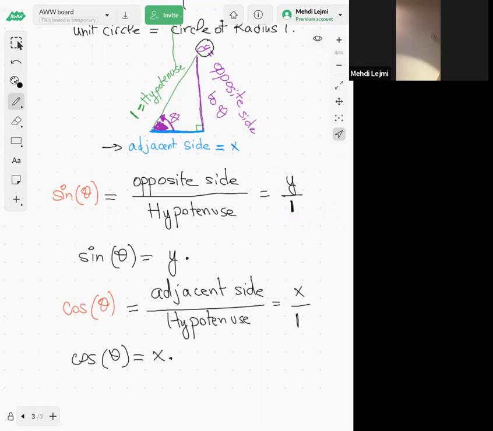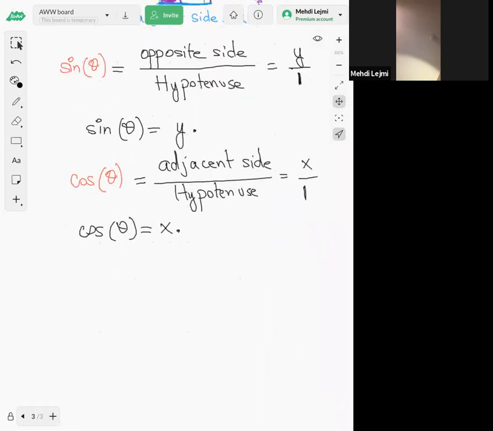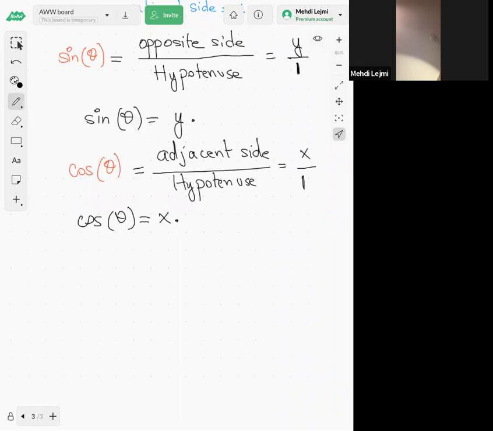Okay. So what I'm saying here, guys, is that if you have a unit circle, it has to be unit. So if you have a unit circle like this one here, this is 1 here, so the radius is 1.